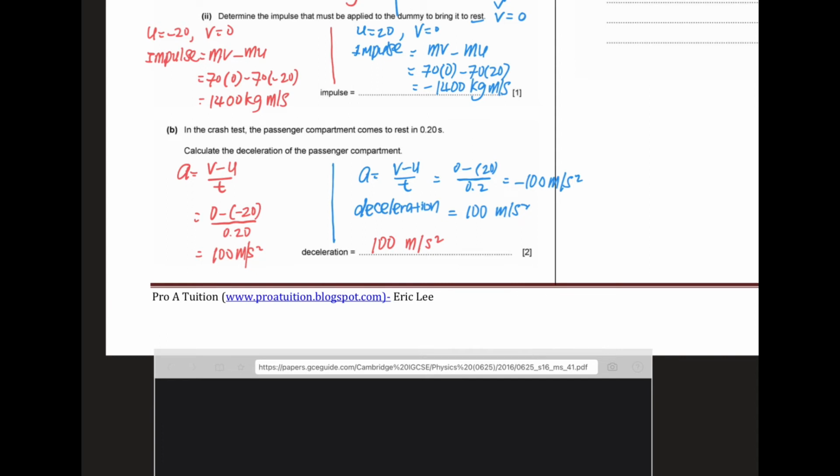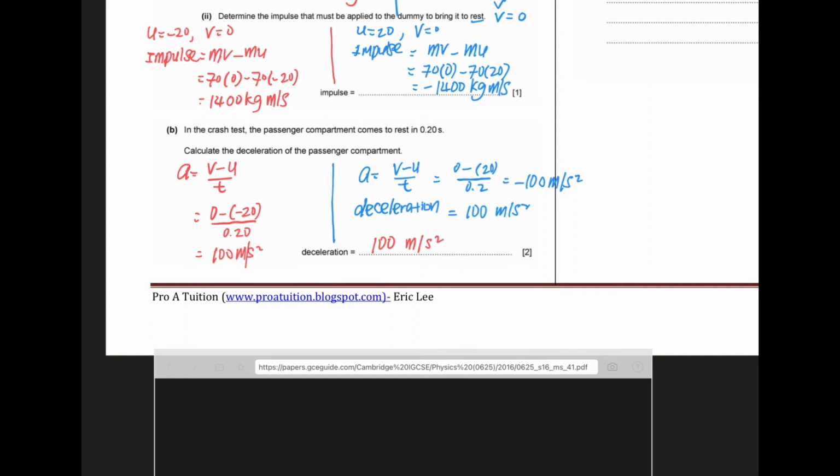But the thing is, deceleration, isn't it going down, sir? Negative means going down, what does it mean? Negative means slowing down. Deceleration means slowing down, which also means negative 100. Yes, that is slowing down.